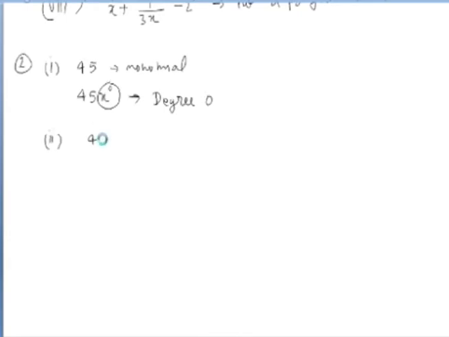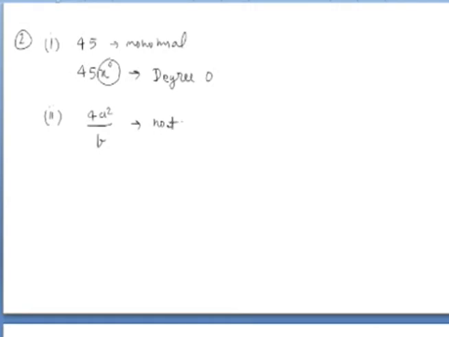Second, 4 a square upon b. So this is not a monomial. Why? Because b is in the denominator.